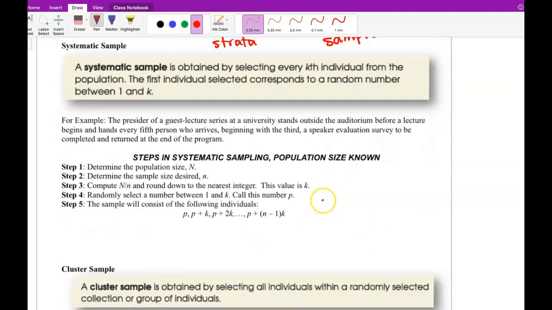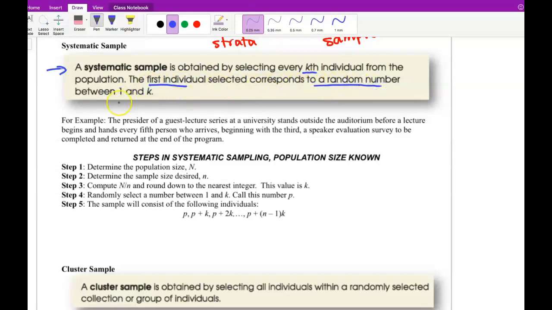Okay, now the next method is systematic sample. A systematic sample is obtained by selecting every kth individual from the population. The first individual selected corresponds to a random number, so the first individual that we're going to choose is randomly selected.